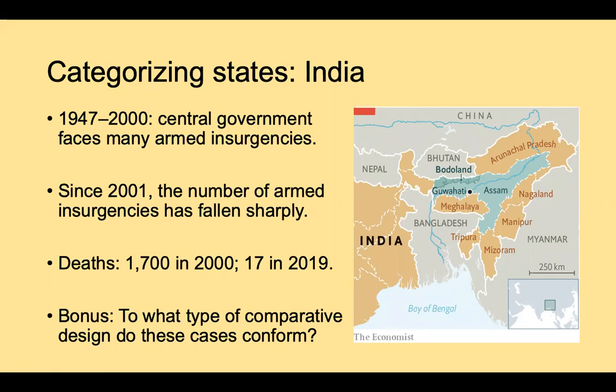So this set of cases, these temporal cases, India at time 1 and India at time 2, what type of a comparative design do those cases form? Tell us in the chat, either privately or the class, but let's take your input and see if we can pick up on that as a bonus before we deal with some more data here in a moment. Let us know in the chat.